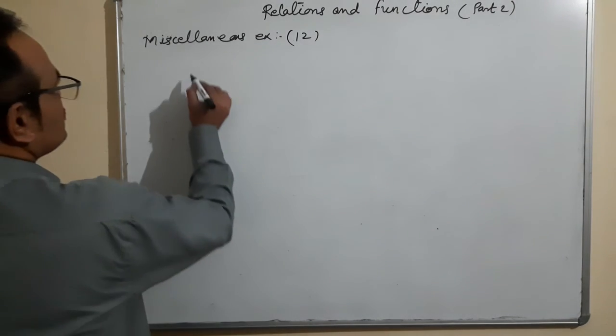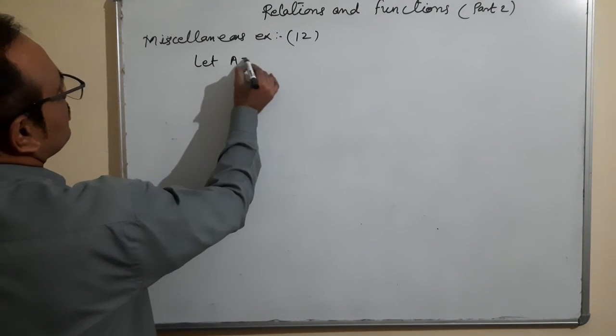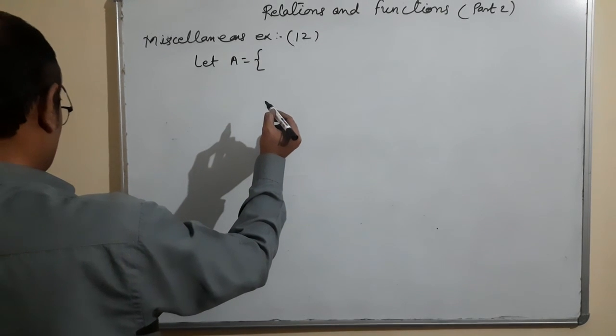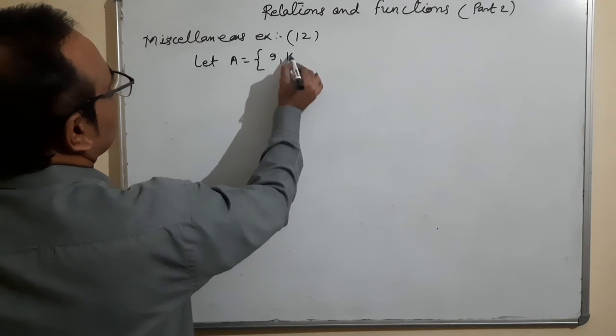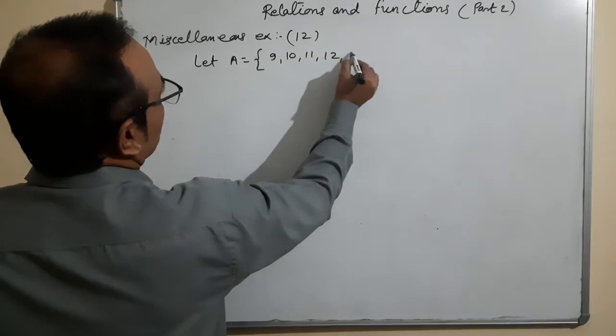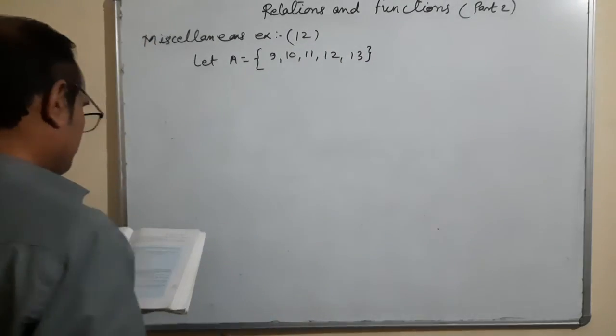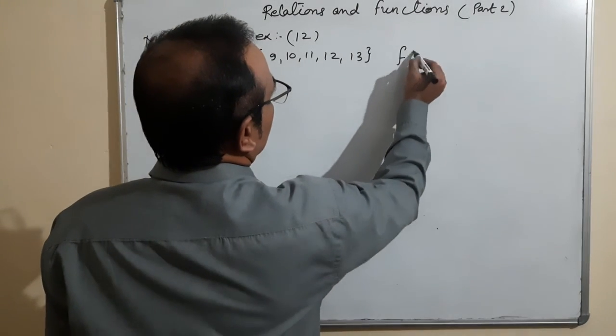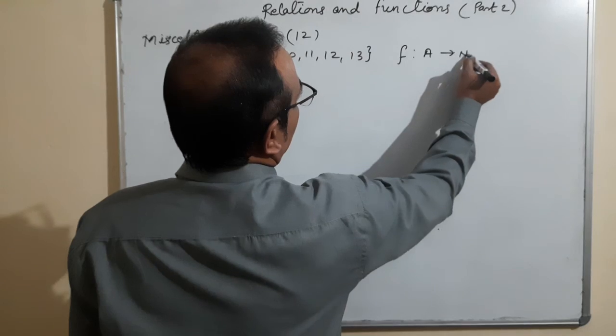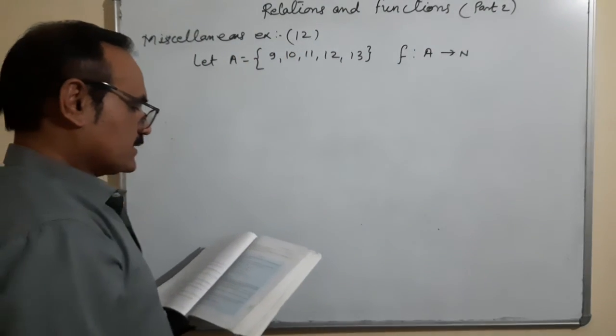It's a very interesting question. Let A is equal to 9, 10, 11, 12, 13, and F such that F is a function from A to N, where N is the set of natural numbers.